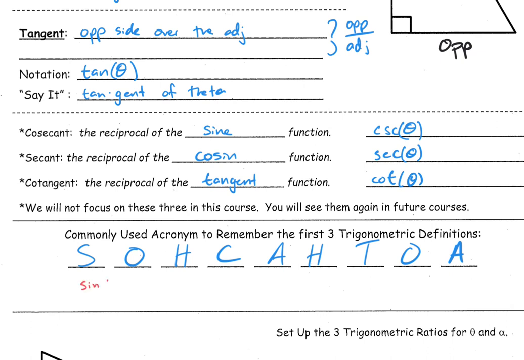The sine of theta is equal to the opposite side over the hypotenuse. The cosine of theta is equal to the adjacent side over the hypotenuse. And the tangent of theta is equal to the opposite over the adjacent. If you can remember this acronym, you literally remember the order of the information and what bit goes with which function.